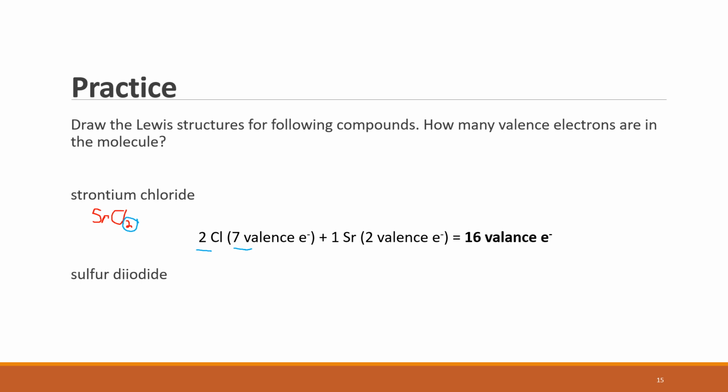So we multiply those two numbers together. We then add that to what strontium gives to the cause. We only have 1 strontium atom according to the chemical formula. It's in group 2 since it's an alkaline earth metal, so it will contribute 2 valence electrons. So once we add the total valence electrons, we get 16 for the total.